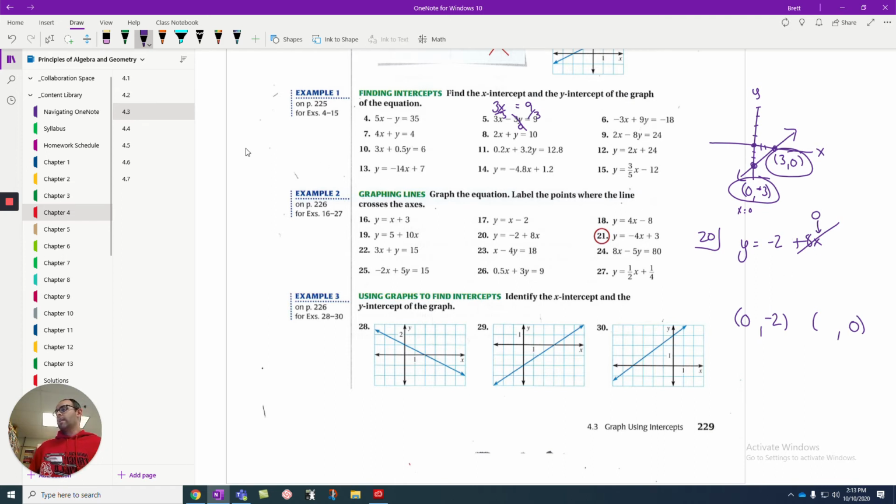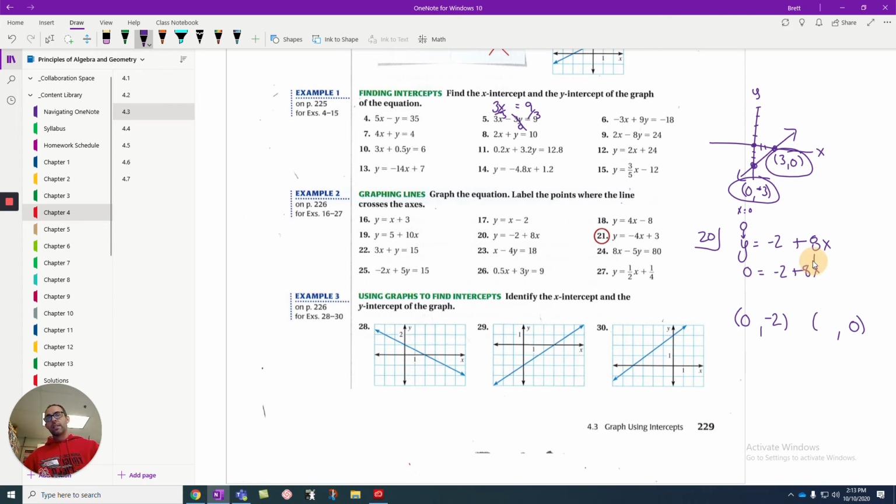However, we need to do it the other way around as well. So let's clean this up real quick and make that plus 8x again. Now I need to let y be 0. Well, that turns out to be 0 equals negative 2 plus 8x. And I'm going to have to go through some of the steps that we worked on in our last chapter where we learned how to solve for a variable.